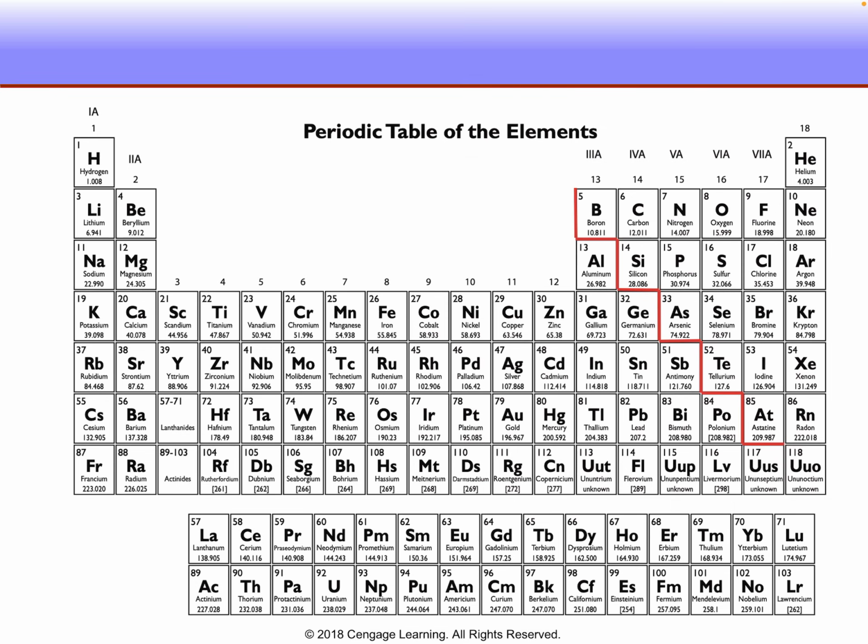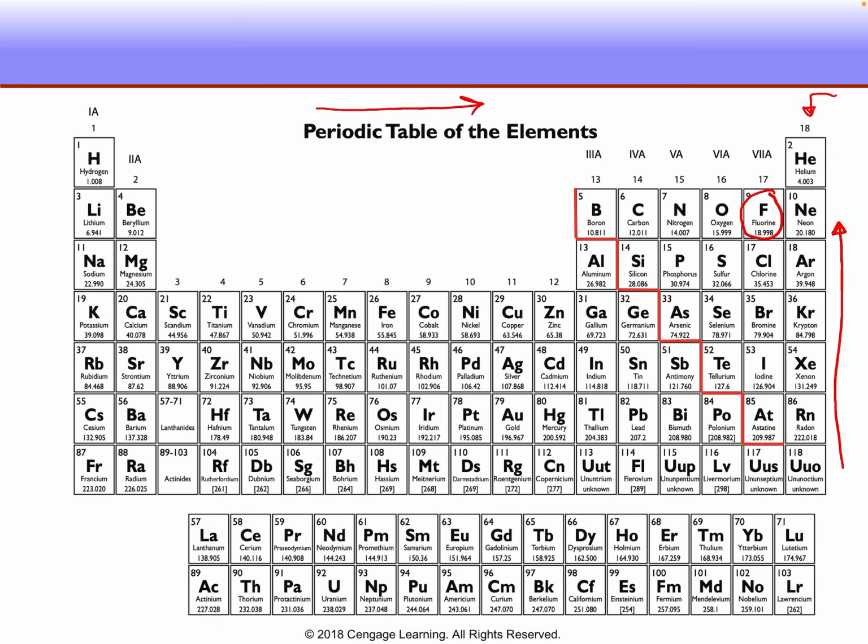Just to review on the periodic table, in the very last group, the noble gases, they have zero electronegativity. Electronegativity increases as you go from left to right on the periodic table and as you go from bottom to top. So the most electronegative element on the periodic table is fluorine.